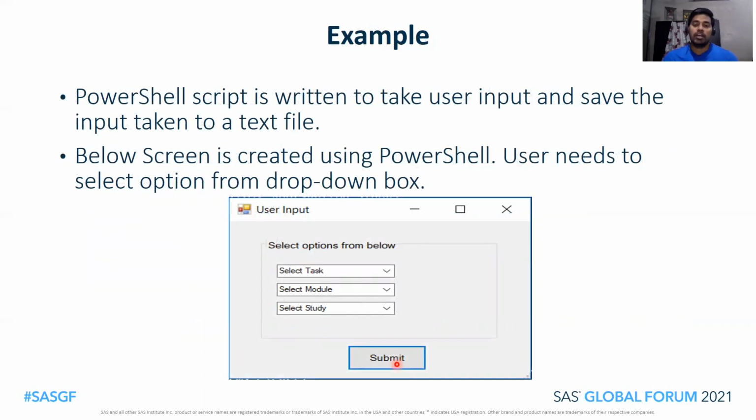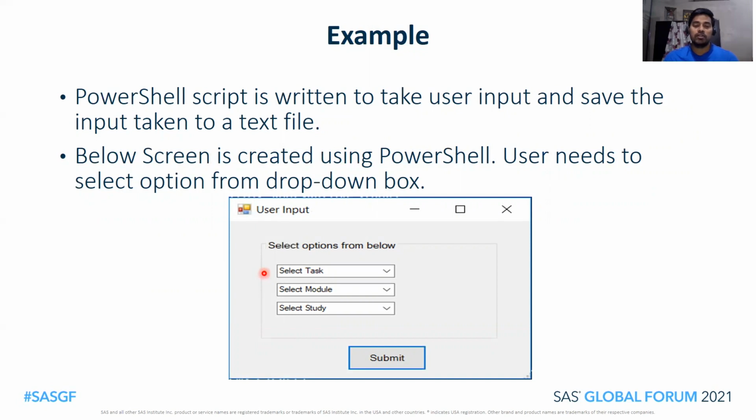A PowerShell script has been written to take the user input and save it to a text file. Below is a screen which shows an example. This form has been designed using PowerShell. It has three fields: select task, select module, and select study. All the fields are drop-downs. The select task field has two values: XPT creation and define generation.